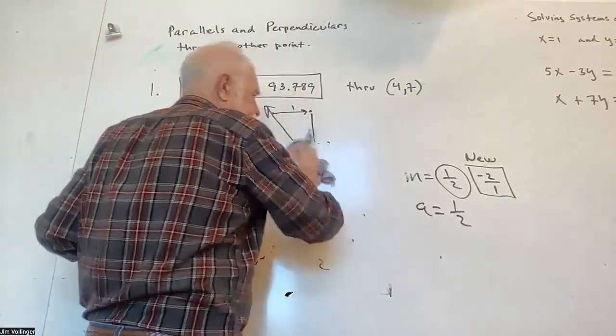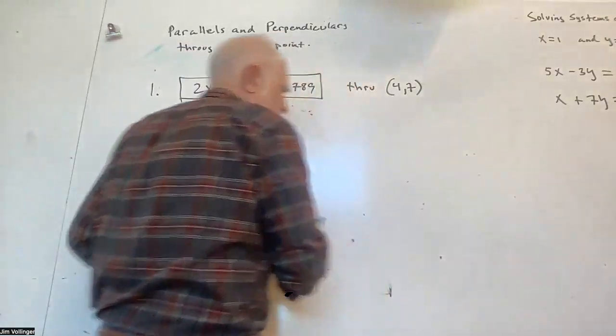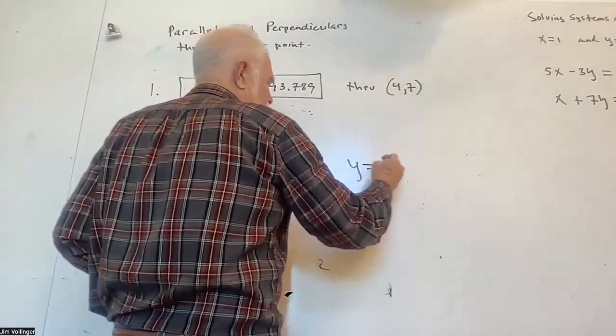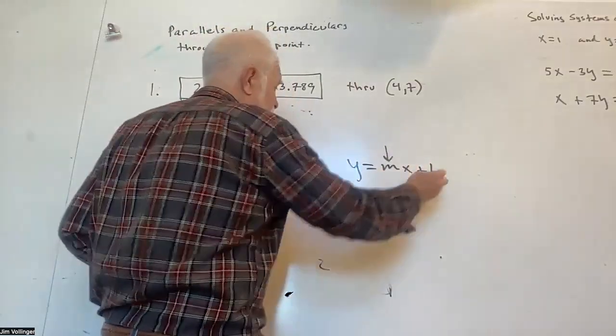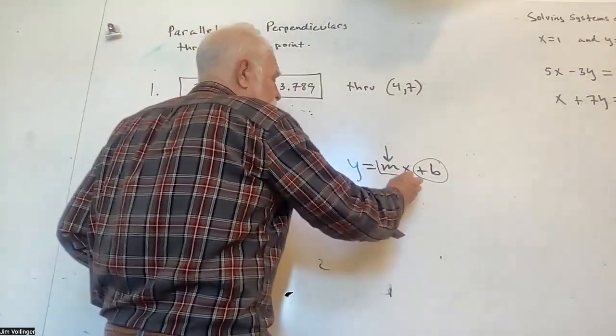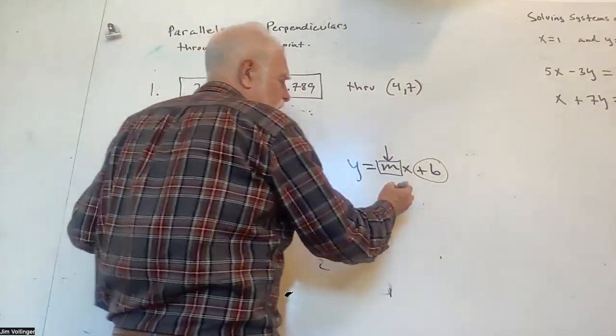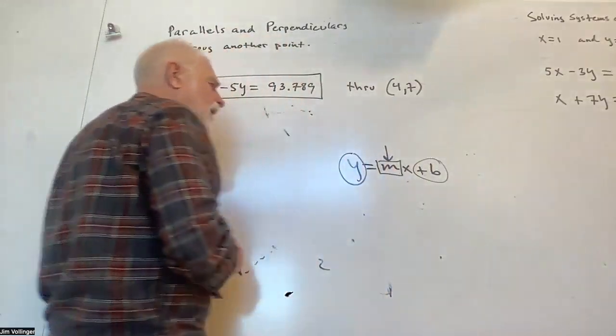All right. And the slope that you're all so familiar with all across the country, y equals mx plus b, can be found by finding the multiplier in front of x when isolating the y.